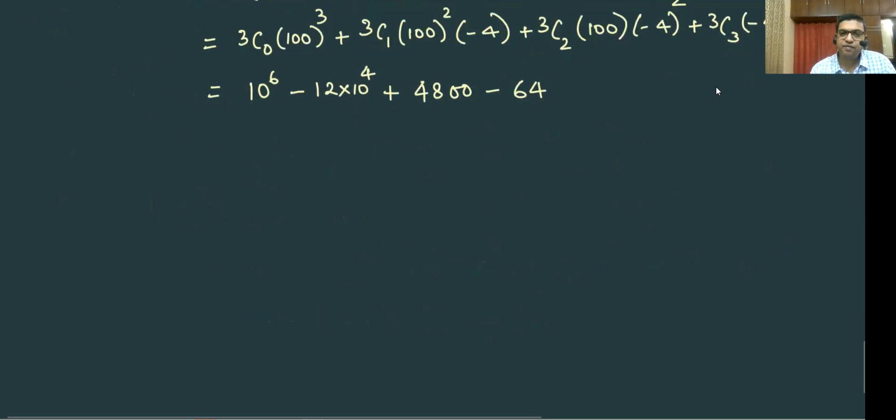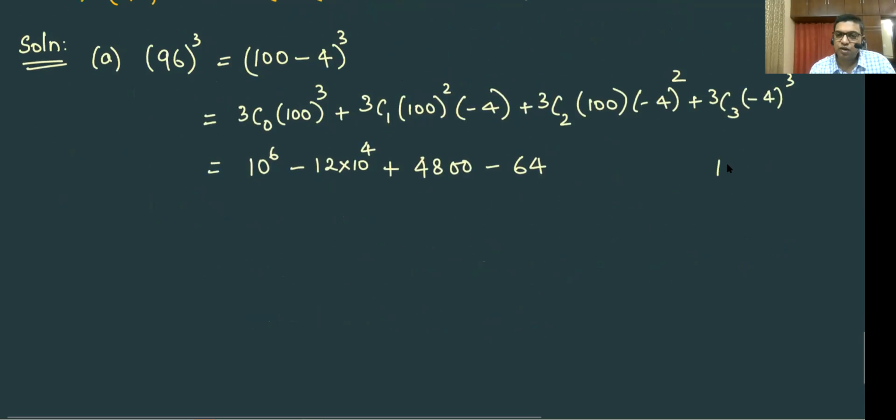So basically we have 10 power 6, and then 4800, and here you have 12 into 10 power 4, minus 64.